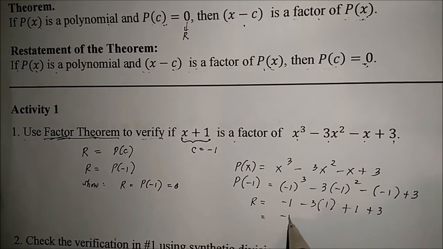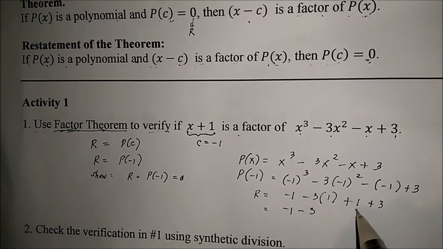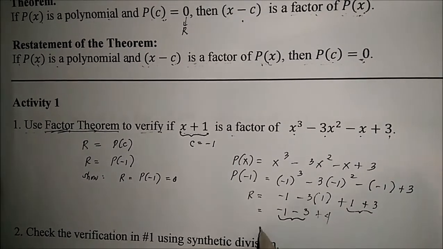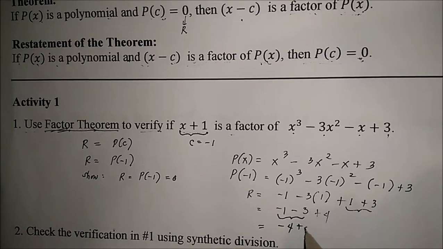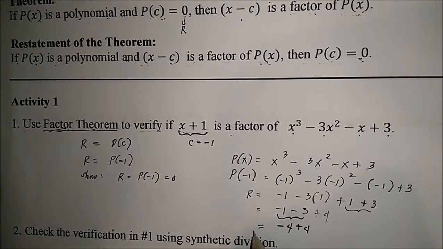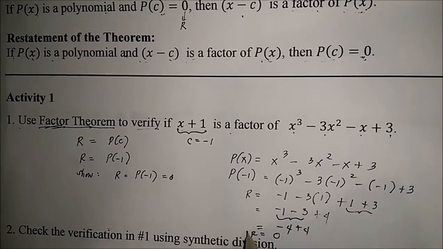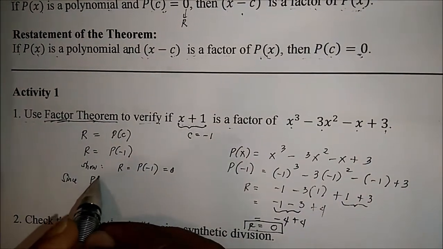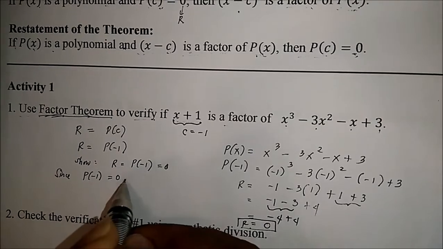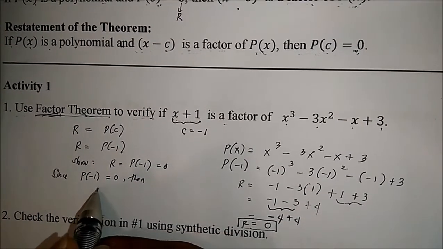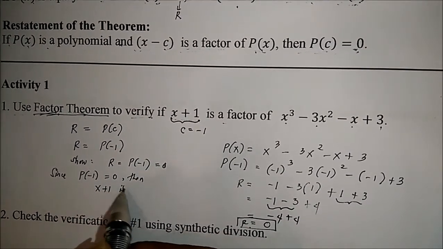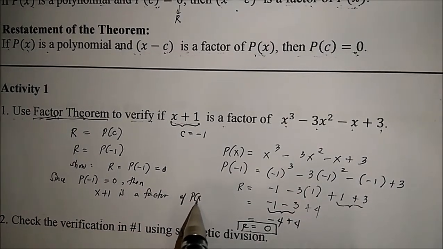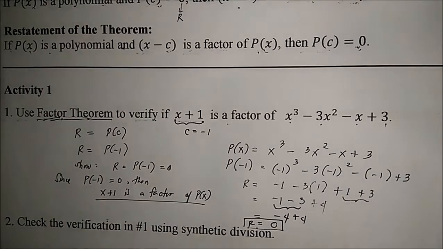Simplify it: negative 1, minus 3, plus 4. Negative 1 plus negative 3 is negative 4, plus 4. And what is negative 4 plus 4? 0. In this case, the remainder is 0. Since p of negative 1 is equal to 0, then we say that x plus 1 is a factor of the given polynomial. That's it.